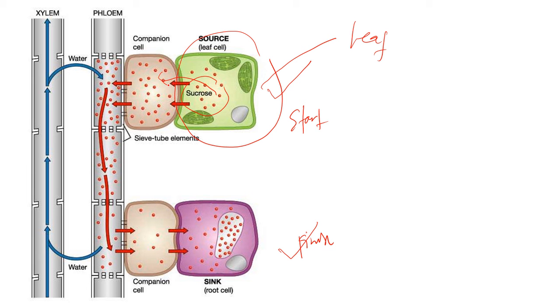These companion cells allow the diffusion of the sucrose towards the sieve tube of the phloem. So from the source, it goes down to the sink. That's the process of how food and water are transported from the leaf towards different parts of the plant for growth and development.